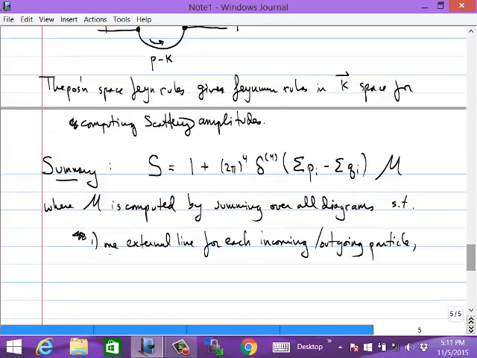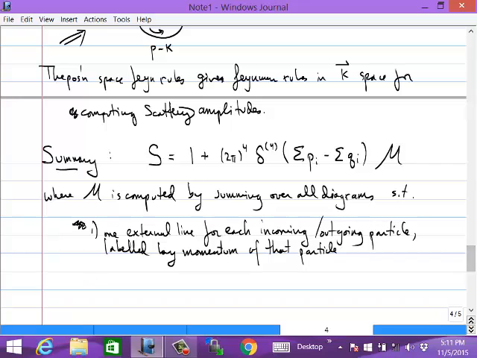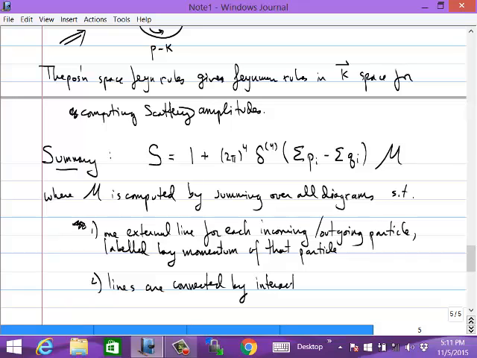And these lines will be labeled by the momentum of that particle, just as in this diagram that we wrote down above. The lines will be connected by vertices, and the exact form of the interaction vertices will depend on what sort of interactions you have in your theory.